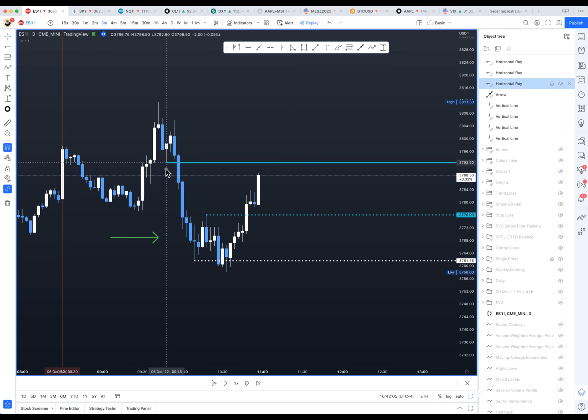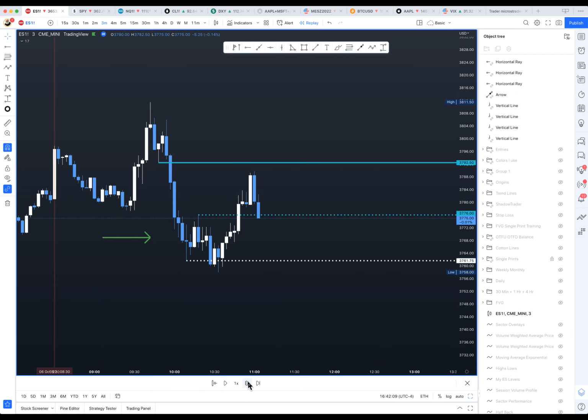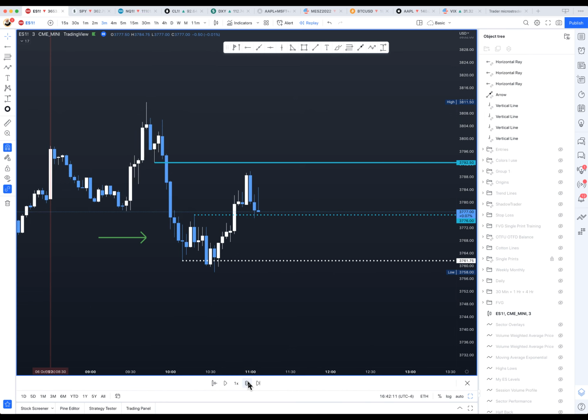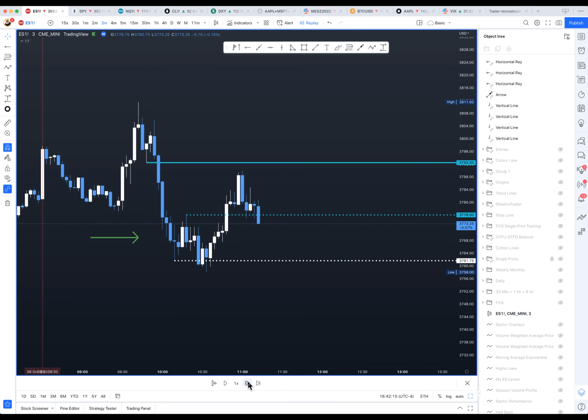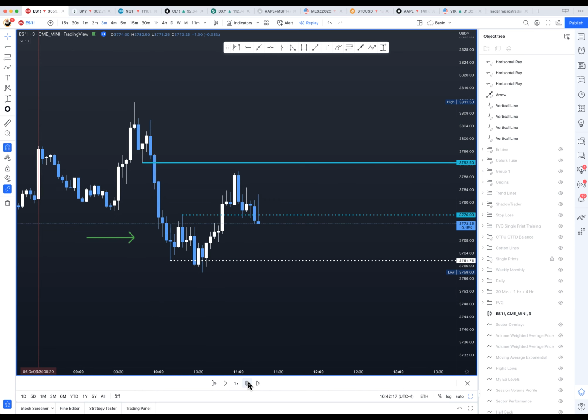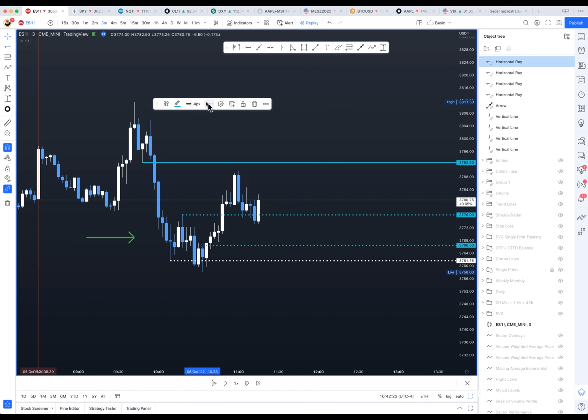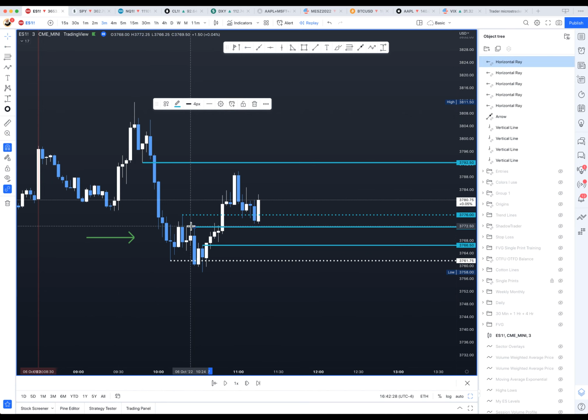You want to take that. Let me make sure I got it exactly where it needs to be. I got nothing here. Now, I am balanced still. You do have this hold level right here, and you do have this hold level right here.